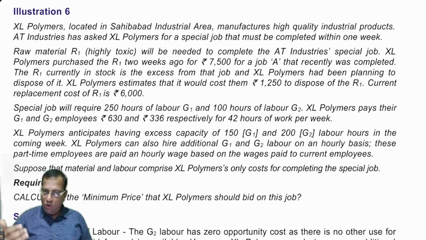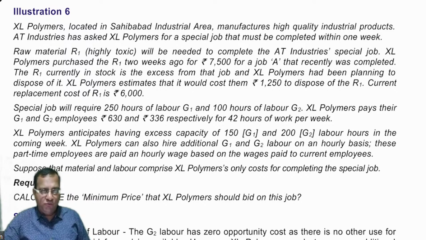And how can a student bifurcate between relevant cost and irrelevant cost? The tests are very simple. If a cost fulfills both the conditions of relevancy, then it will be a relevant cost. Even non-fulfillment of any one condition will make that cost an irrelevant cost.